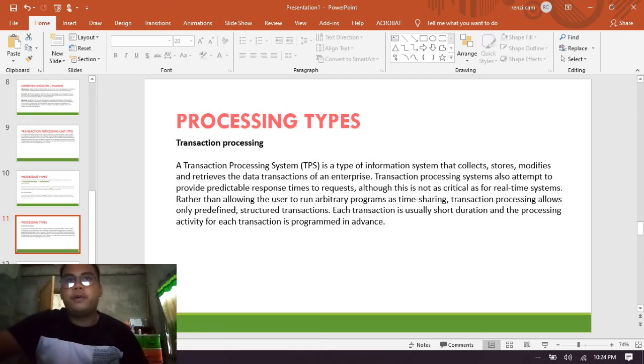There are three types of processing. First is transaction processing. Transaction processing is distinct from, and can't be confused with, other computer processing models such as batch processing, time sharing, and real-time processing. The second is batch processing.